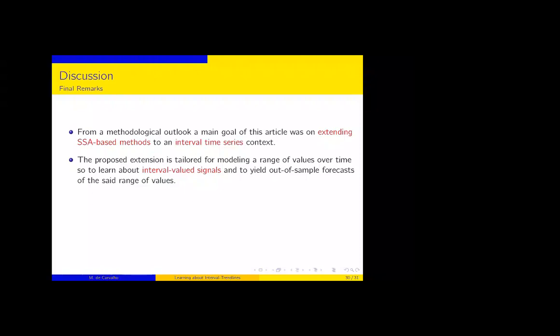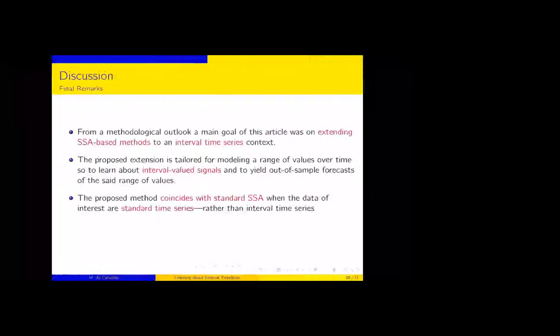The proposed extension is tailored for modeling a range of values. So to learn about interval valued signals, and yes, you can still get out of sample forecasts of said range of values. And the proposed method will coincide with standard singular spectrum analysis when the data of interest are themselves standard time series.